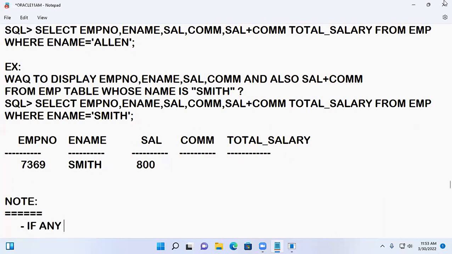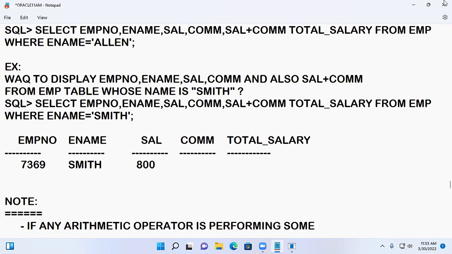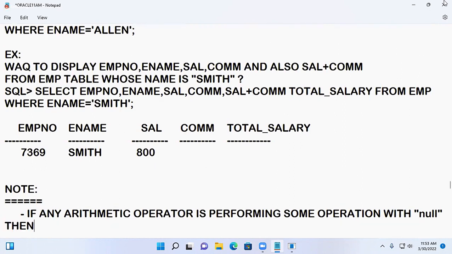If any arithmetic operator is performing some operation with null, then it again returns null only.